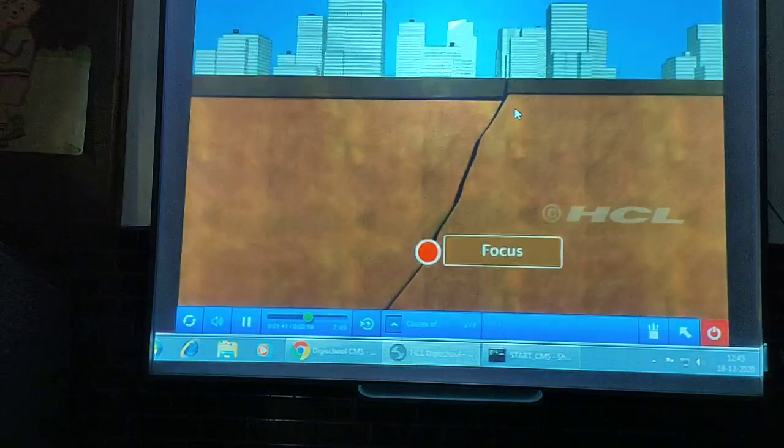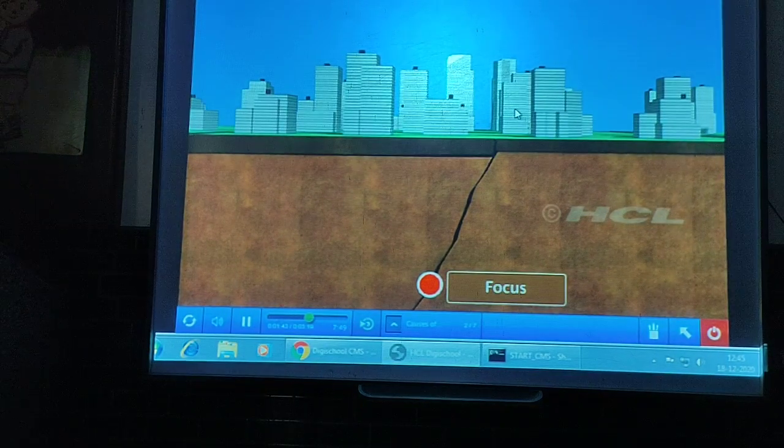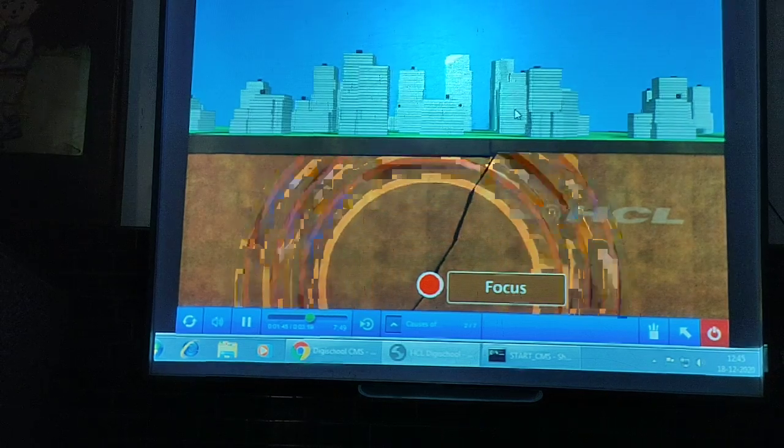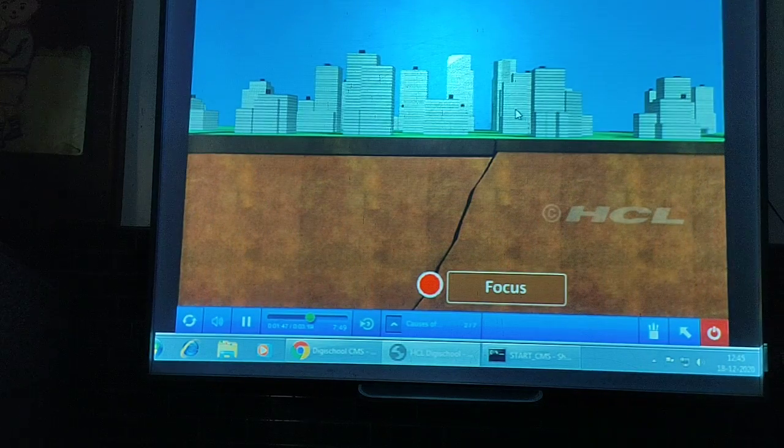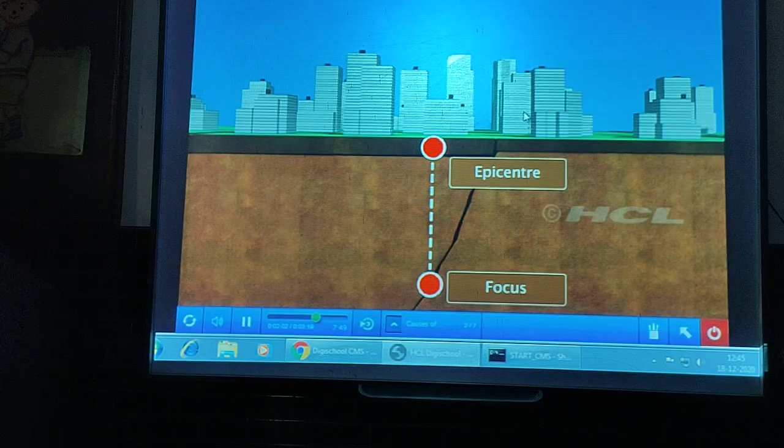When these waves reach the surface of the earth, we experience a tremor. This tremor usually lasts for a very short period of time. The point on the Earth's surface that lies directly above the focus is called the epicenter.